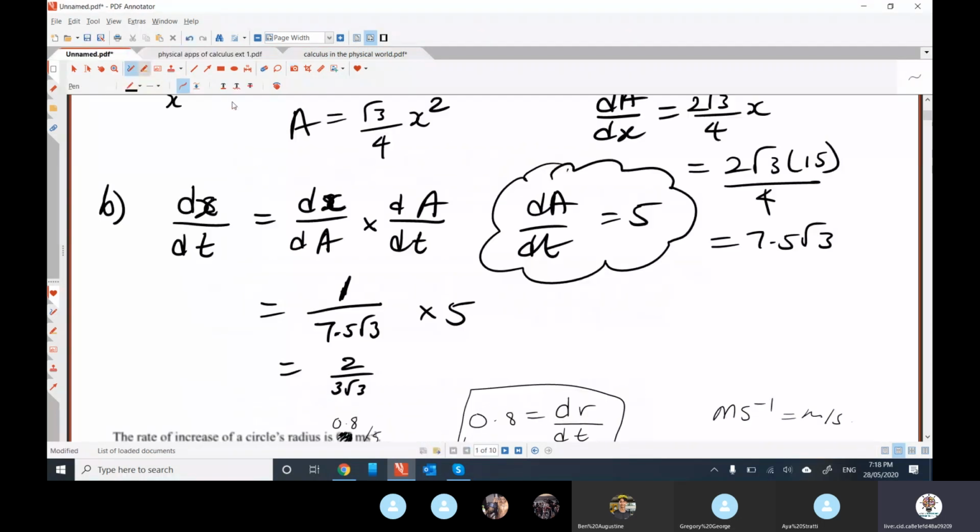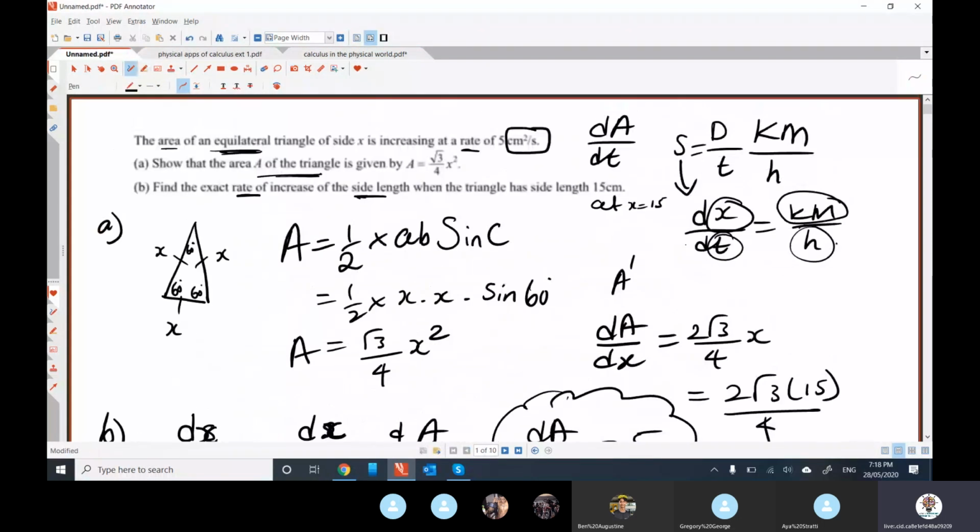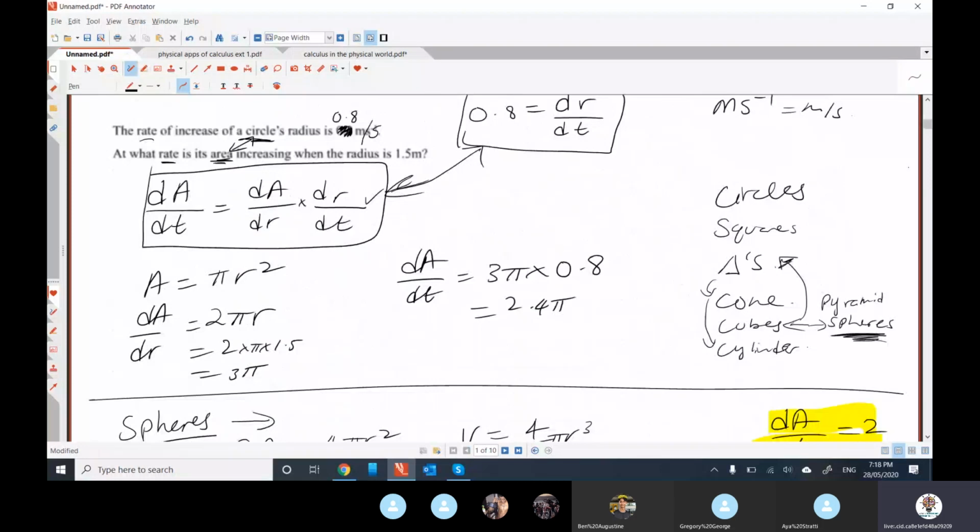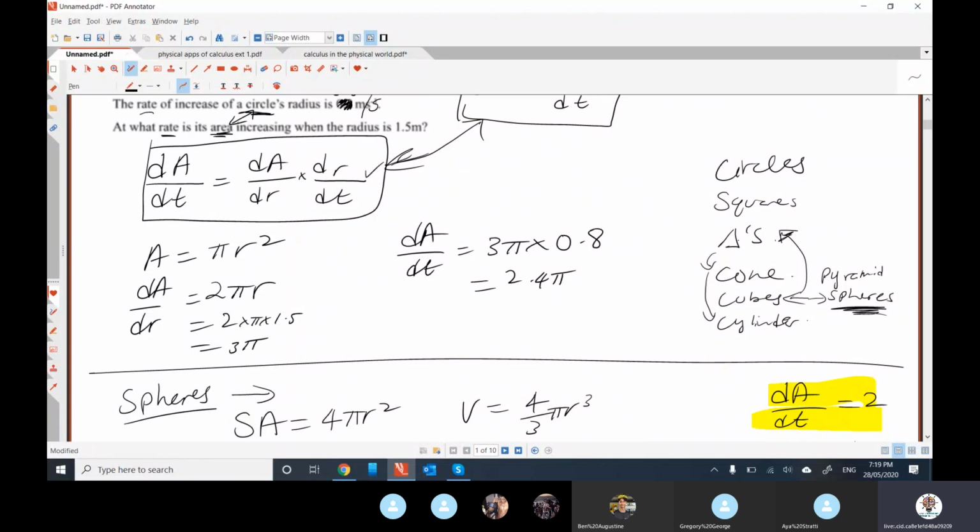The reason why I wanted to leave them a little bit is because circles have only 2 variables, right? So the area and then the radius. Squares have 2 variables, perimeter, area, and then the sides. Triangles have 3 variables: you've got your area, your base, and then your height.